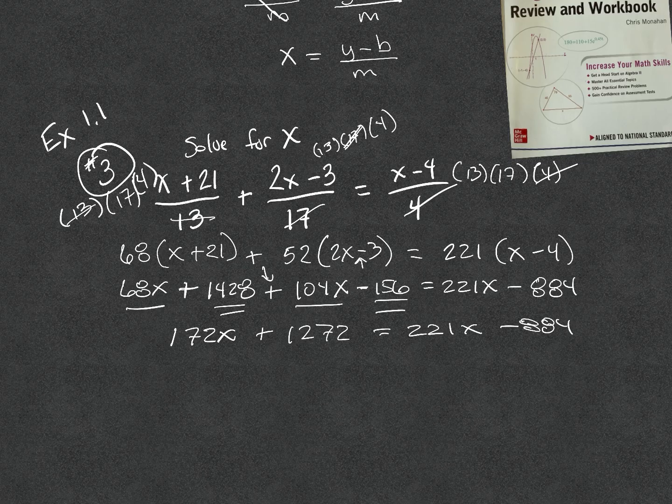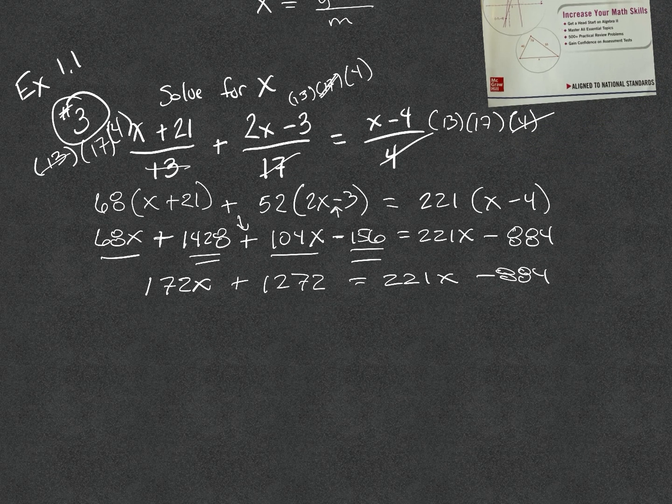Now, always the goal is to have the x on one side. So our variable, we'll shove it to the left, which I always like to see x equals something. Makes sense to my brain. So I will subtract the 221x from this, and yes, we will have a negative, but it's okay.